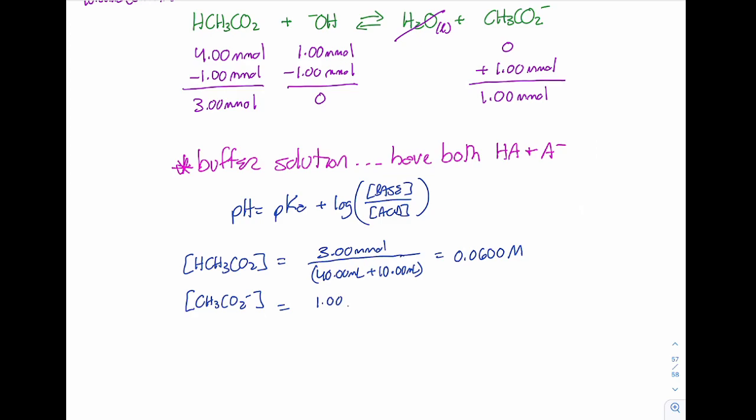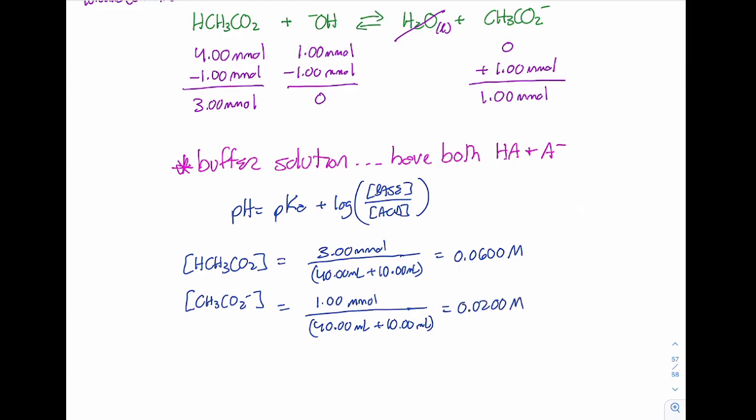It's in the same container as my acid, it's also in that flask. So I started out with the 40 milliliters. I've added 10 milliliters to it. So same volume, they're in the same container. So working that out, this is 0.0200 molar.